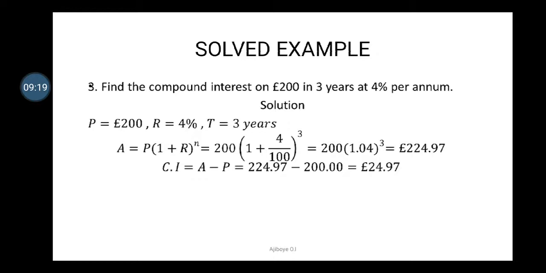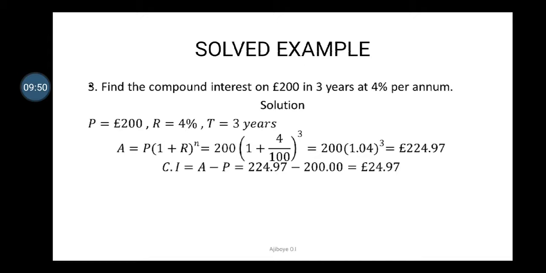So we have 200 open bracket 1 plus 4 over 100 close bracket raised to the power of 3, and that will give us 200 open bracket 1.04 raised to the power of 3. Therefore, the amount will be equal to 224.97 pounds. To get the compound interest, we will remove the original principal from this amount that has accumulated after the given interval.